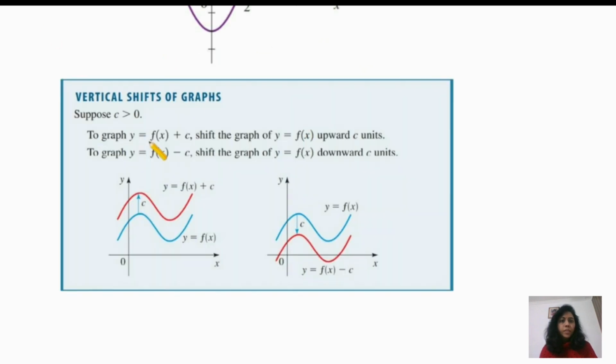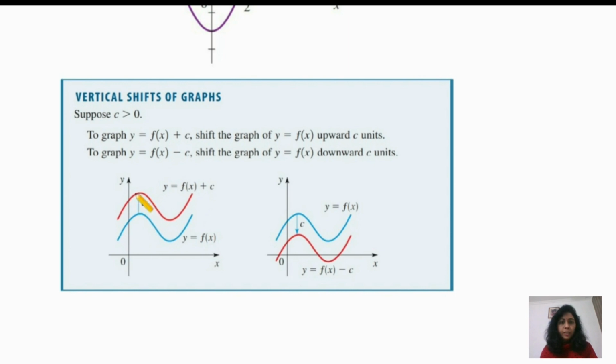Okay. Conclusion is, suppose c is a positive number, so to graph y = f(x) + c, shift the graph of y = f(x) upwards c units. So this is f(x) and this is f(x) + c, so this is c units upward.